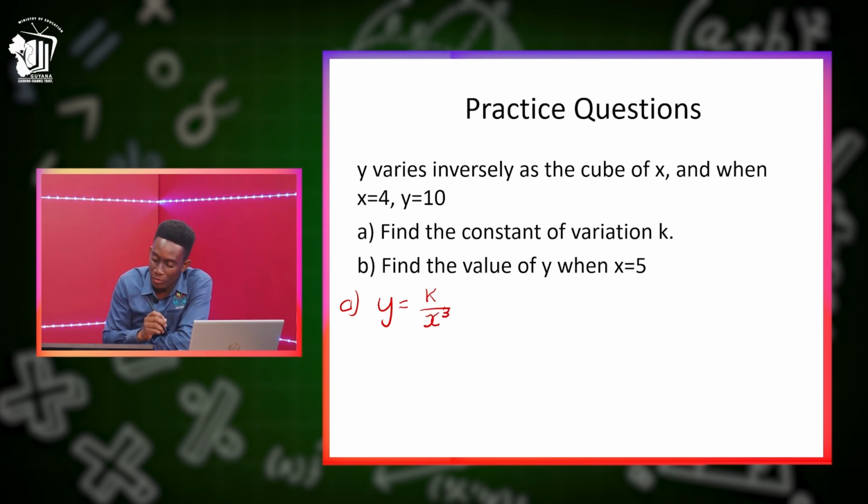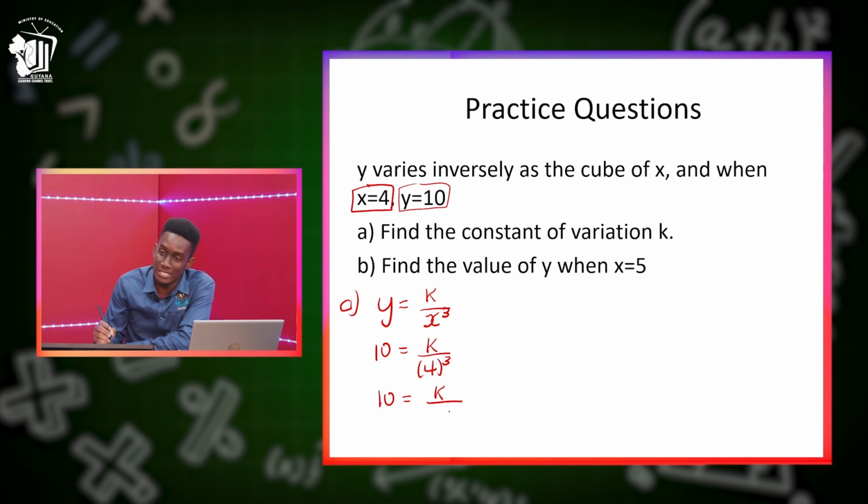So to find k, we put in the values that they give us, which is x equal to 4 and y equal to 10. So this will be 10 is equal to k over x raised to the third power, which is 4 raised to the third power. So 10 will be equal to k divided by 4 raised to the third power. 4 times 4 is 16. 16 times 4 is 64.